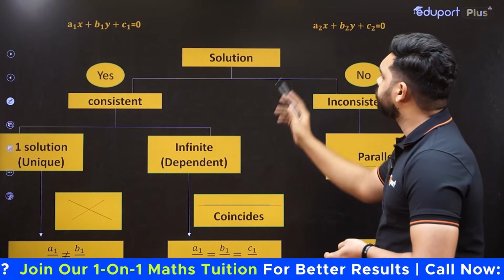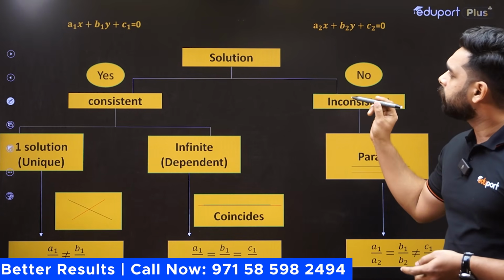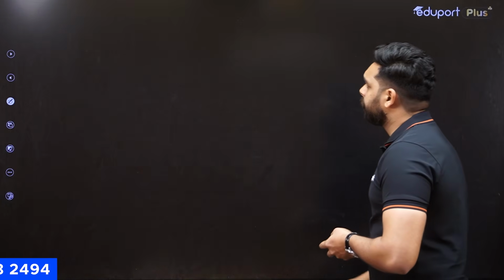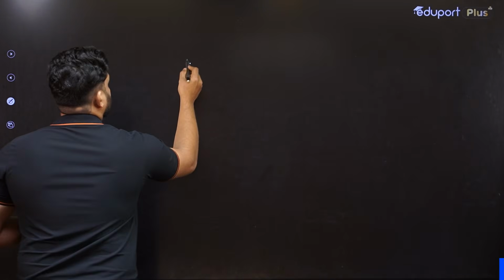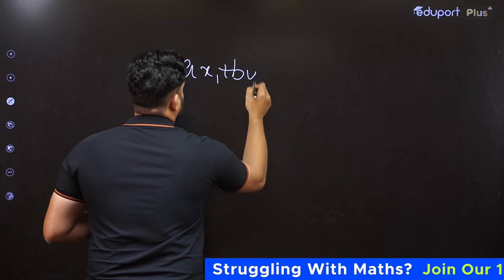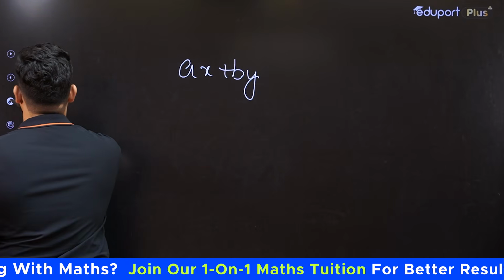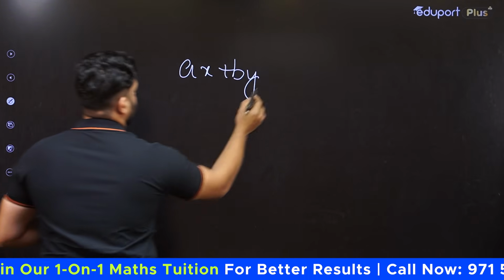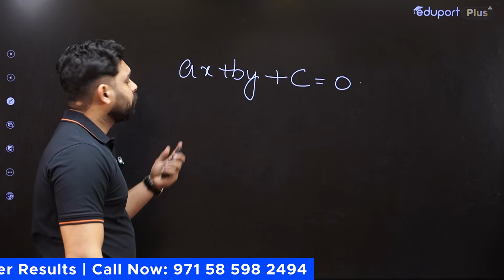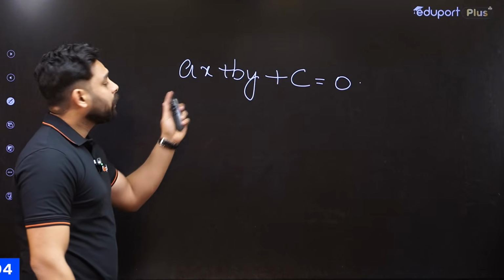If you study this flow chart in detail, you will get an idea about this chapter totally. In general, we can write ax plus by plus c is equal to 0 as the general form of a linear equation with two variables.